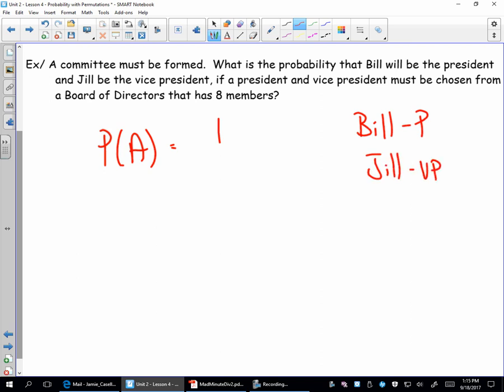Anybody else in those roles, that's not what I want. How many different ways could I pick a president and a vice president, however? We've got 8 different people to choose from, and we've got 2 different jobs that have to be filled. In other words, positions. Well, that's a permutation. Or if you will, how many ways can I fill the first spot? 8. And the second spot, 7. Okay, so 1 out of 56.